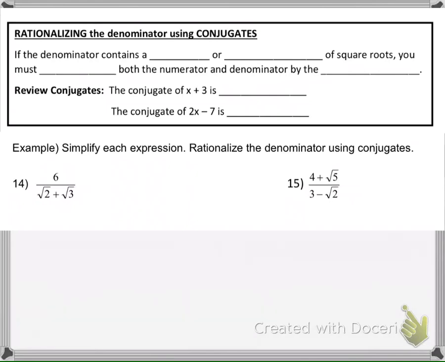So when we're rationalizing the denominator and we have 2 terms instead of just the radical 3, we're going to utilize conjugates, and we'll talk about why here in a moment. So if the denominator contains something that's being added or something that's being subtracted with square roots, you must multiply both the numerator and denominator by the conjugate.